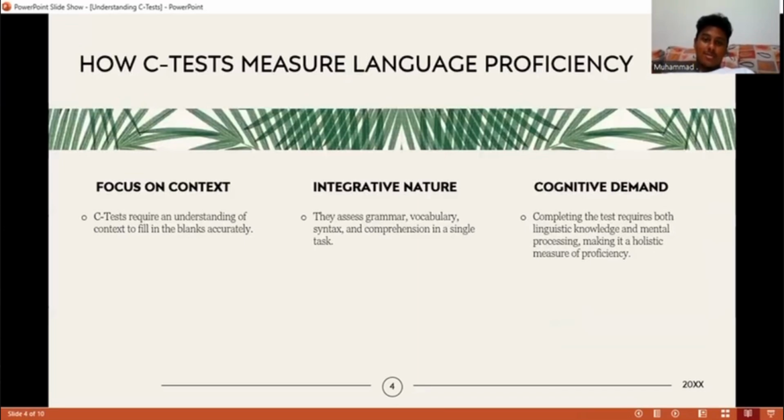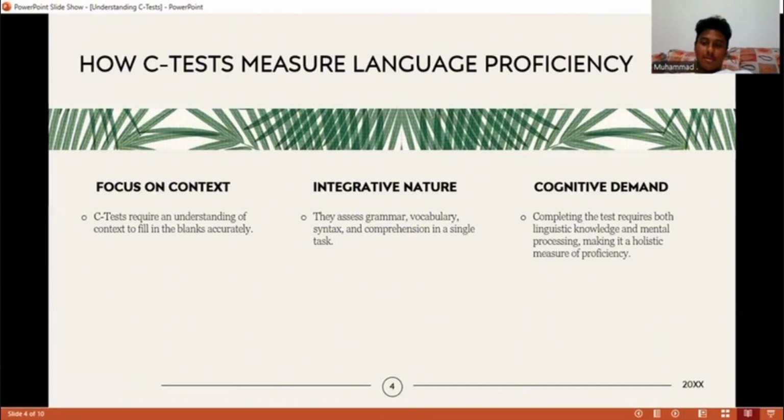How does the C-test measure language proficiency? Focus on context: the C-test requires an understanding of context to fill in the blanks accurately. Integrative nature: they assess grammar, vocabulary, syntax, and comprehension in a single task.